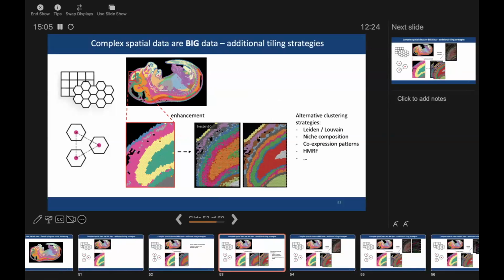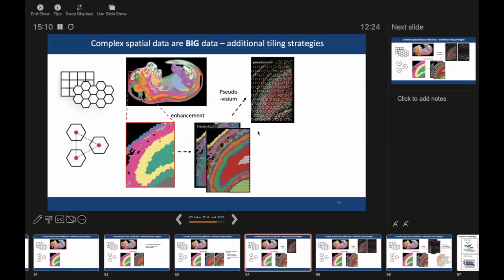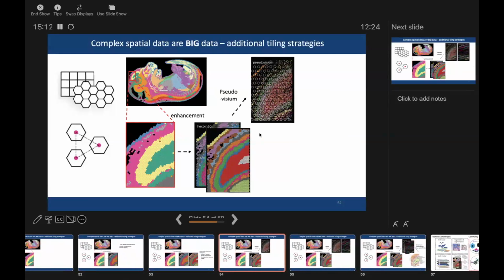All right, just to highlight some of the innovation within our flexible tiling approach, or spatial unit way that we approach these things, from that specific data set you can also make another layer where you create a pseudo Visium data set. So what you do is your spatial unit becomes one of these 55 micron spots. You can aggregate your transcripts within this 55 micron spot.